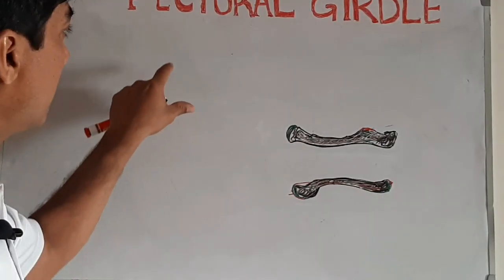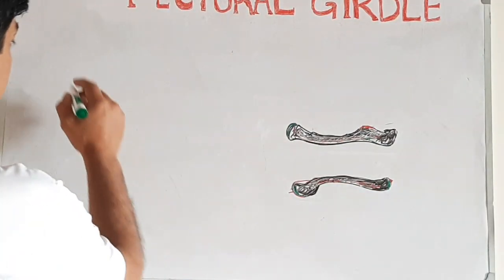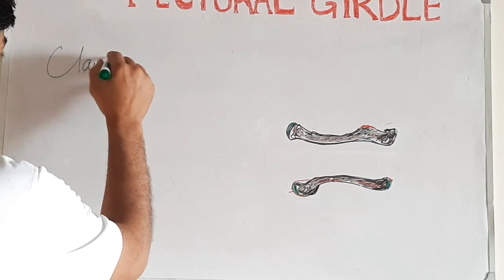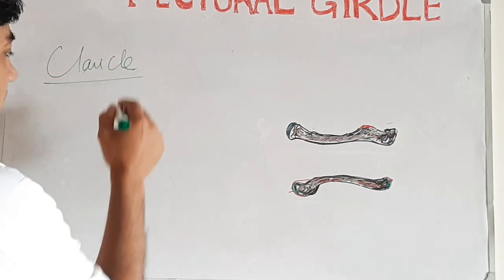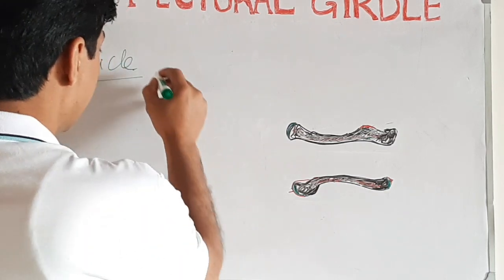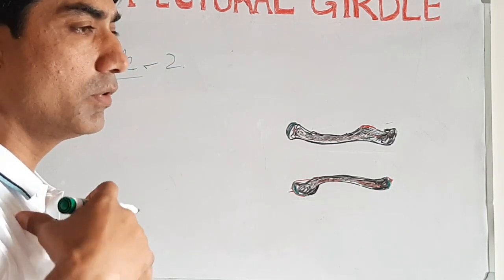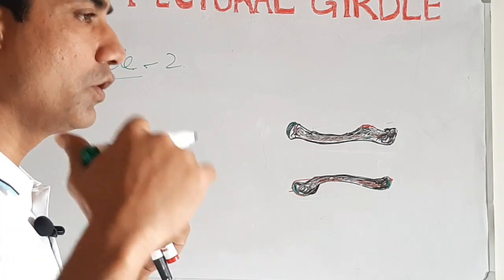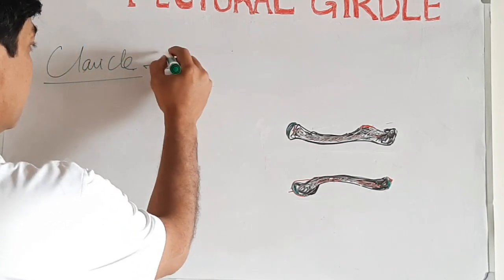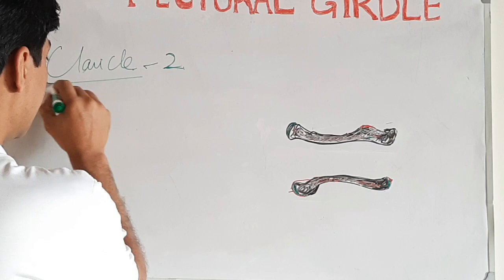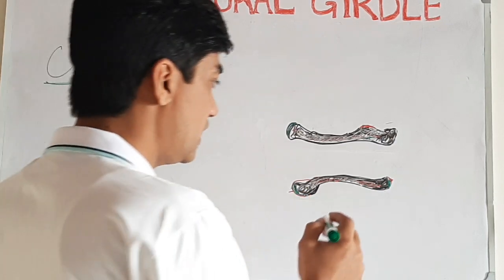The second bone of the pectoral girdle is the clavicle. Clavicles are two in number and lie horizontally. It is the only bone in the skeletal system that lies horizontally, bilaterally. It is slightly S-shaped.